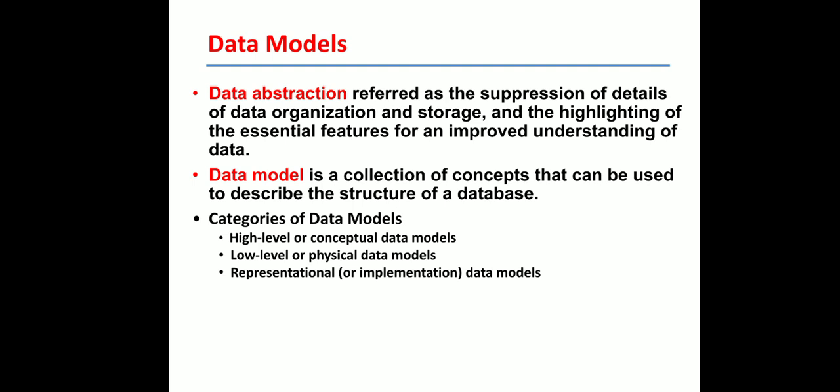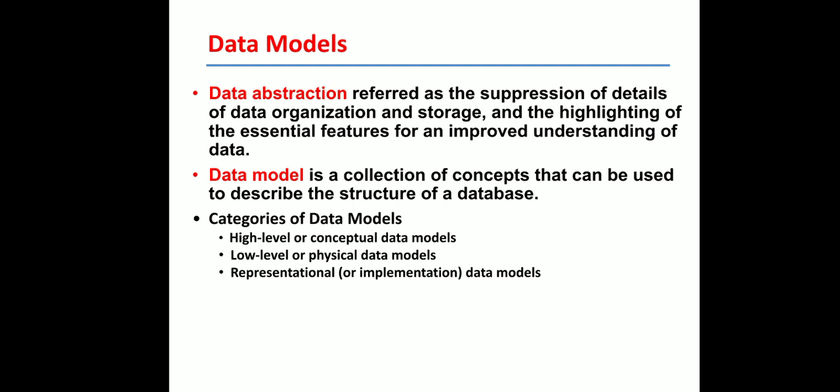It means that whatever data you have stored in the database, that database is stored in your secondary storage, and the actual structure of the database should not be visible to the user.